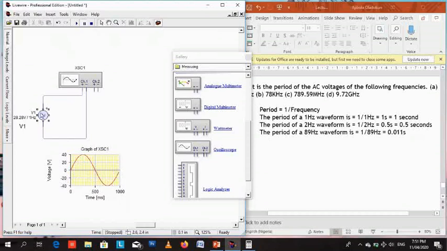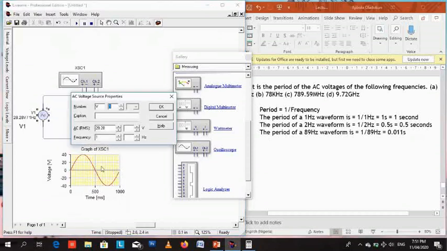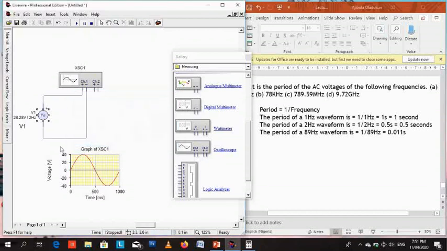So if you change the frequency from 1 hertz to 2 hertz, and simulate, you see that it takes 500 milliseconds, or 0.5 seconds.